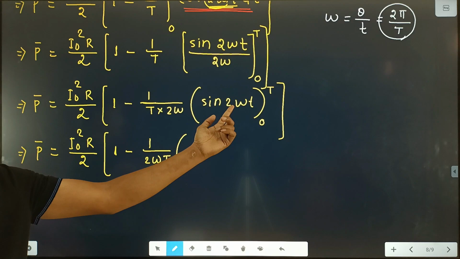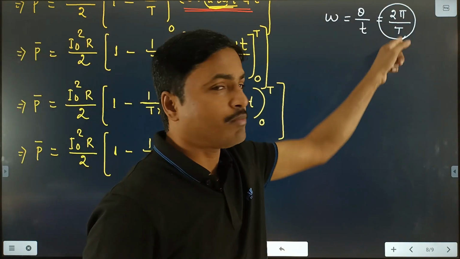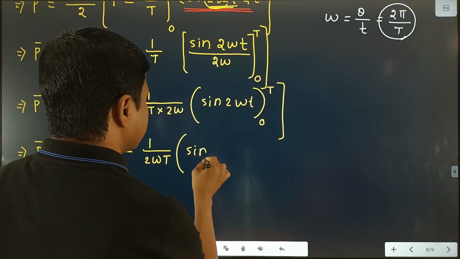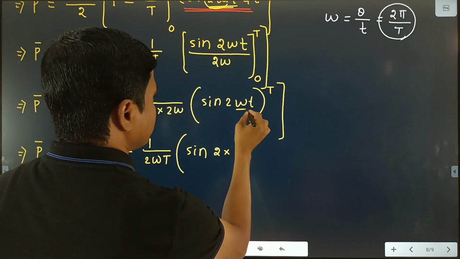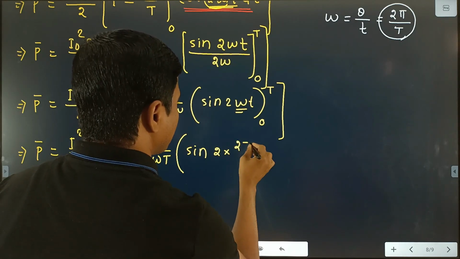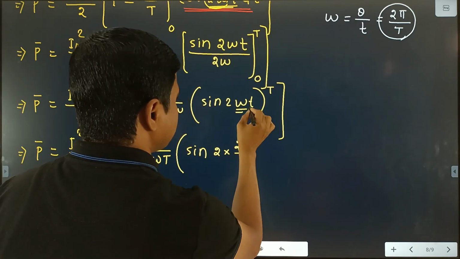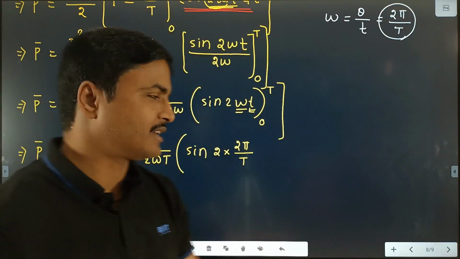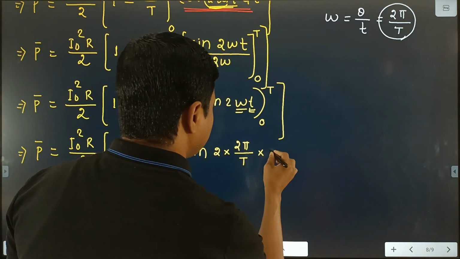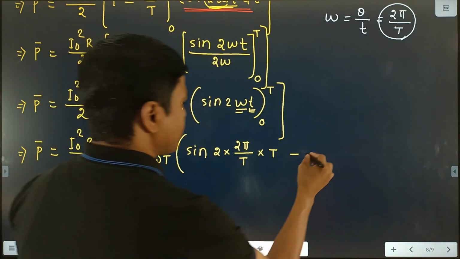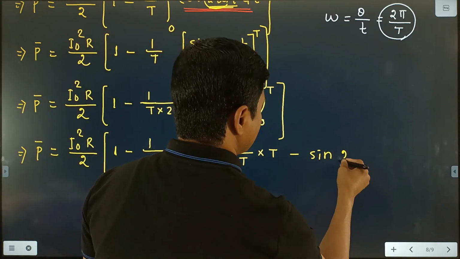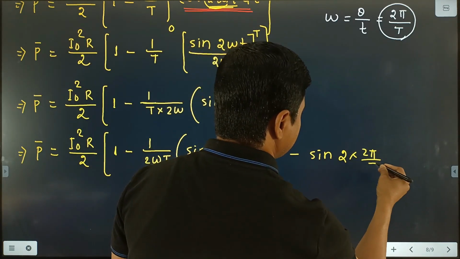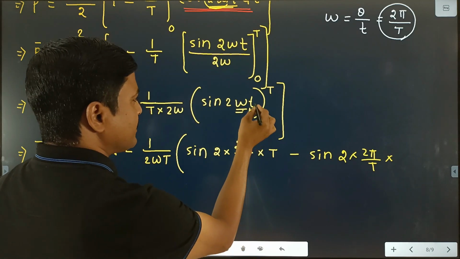In place of omega we write 2 pi by T, so we write sin twice of 2 pi divided by T multiplied by, in place of t, first we put the upper limit capital T, then minus sin twice of 2 pi divided by T multiplied by, in place of t we put the lower limit 0.